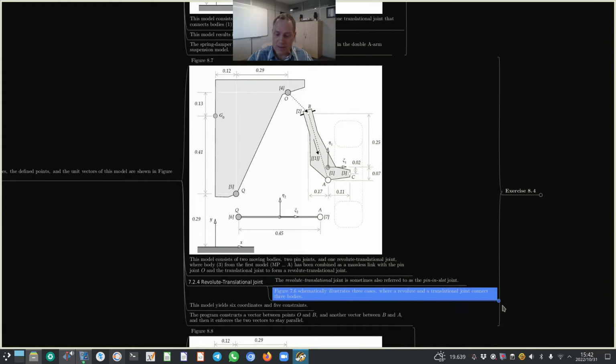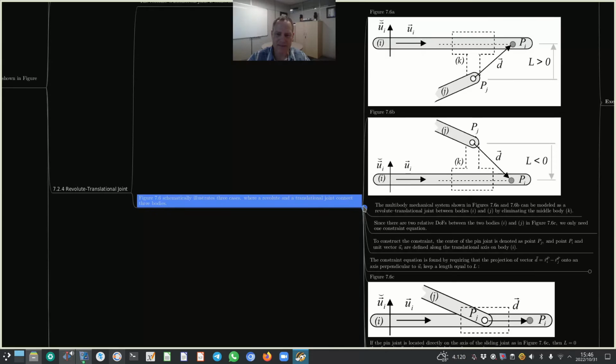Figure 7.6 schematically illustrates three cases: 7.6a, 7.6b, and 7.6c. So let's look at 7.6a.